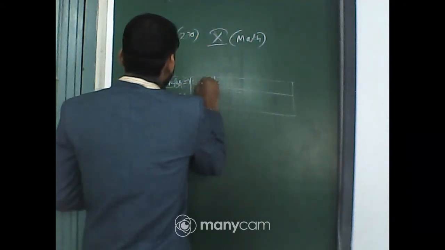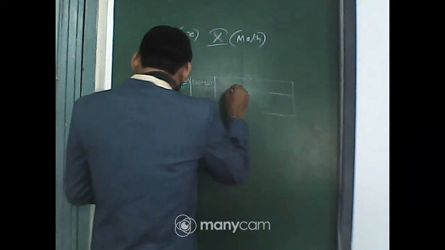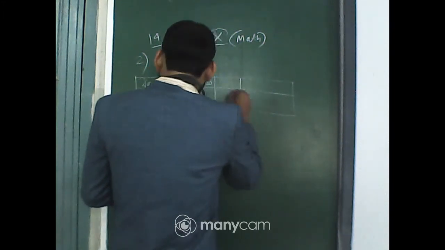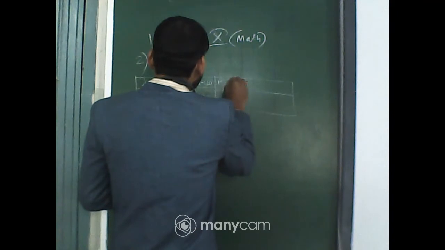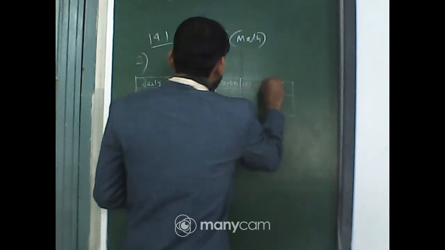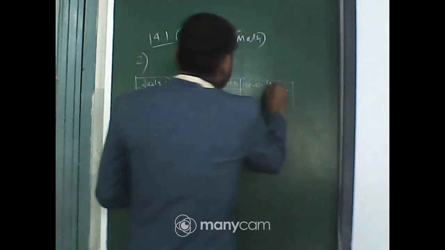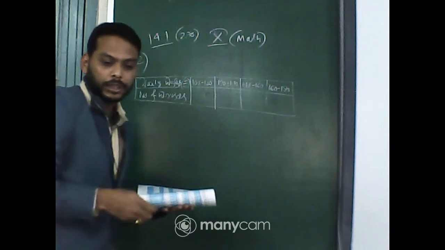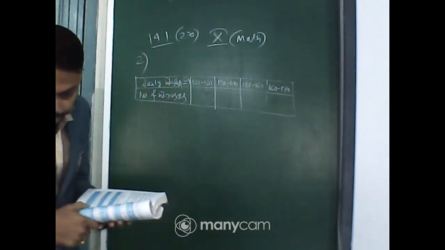The first class interval is 100 to 120, second one 120 to 140, then 140 to 160, then 162. I think in some books the digits are different.